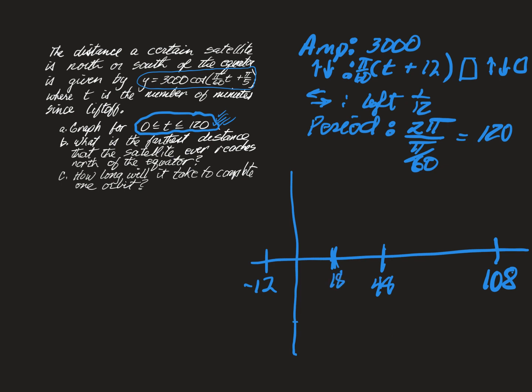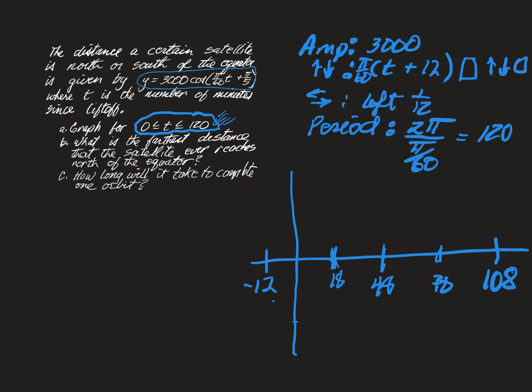And then we'll add 48 plus 108 is 156 divided by 2 is 78. All right? And as you can see, each of these spaces here is 30 minutes long all the way, all right? So now we can go back to the graph, okay?